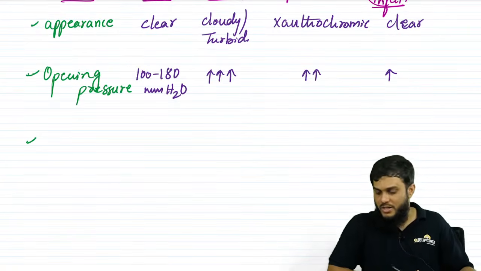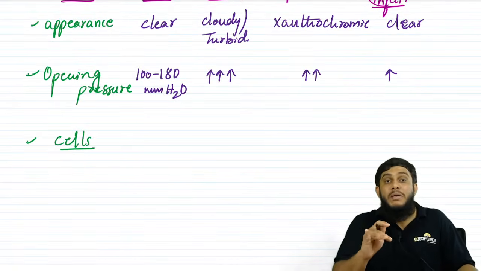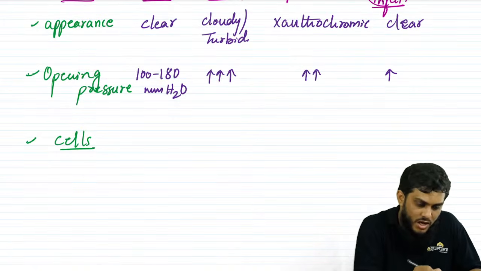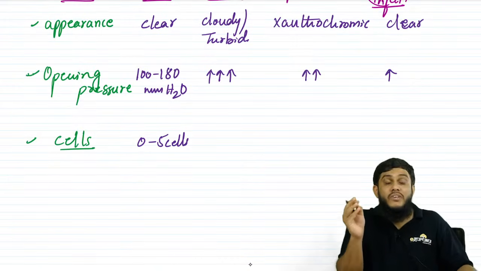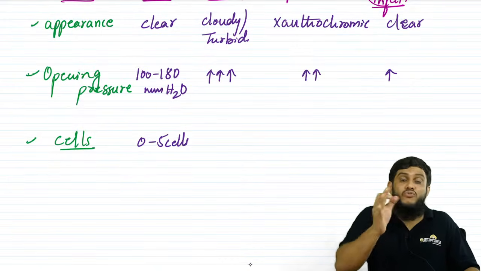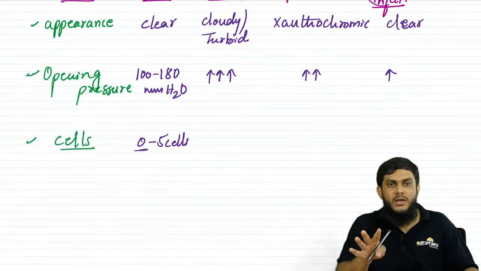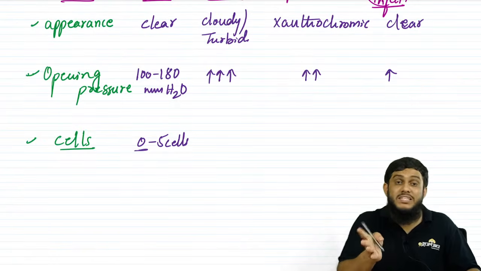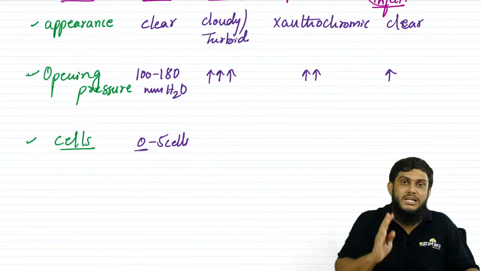The next important thing we need to know is the cells present in the CSF. Usually CSF won't be having any cells, but up to 0 to 5 cells is considered as normal. What type of cells are present normally?